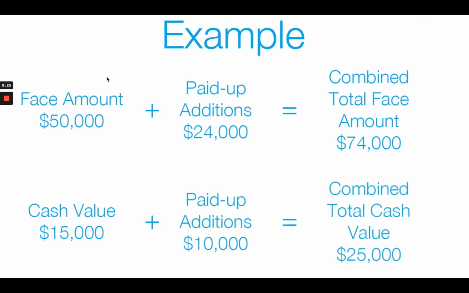So tying it all together, for that $62 monthly premium, this policy now has a $75,000 total death benefit and almost $25,000 in cash value. If your customer fully understood the power of the paid-up additions option, I don't think that they'd be interested in any of the other options available.